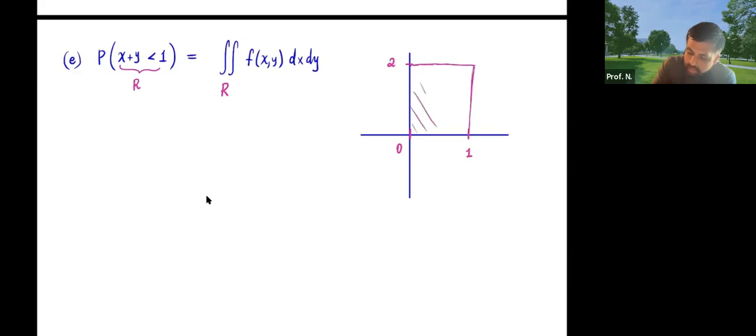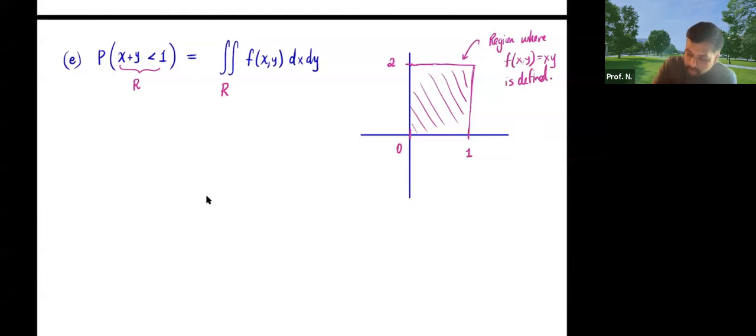This is my region, right? Of where f of x, y is defined. And then when we graph f of x comma y equals xy, you would have a graph that you can visualize.